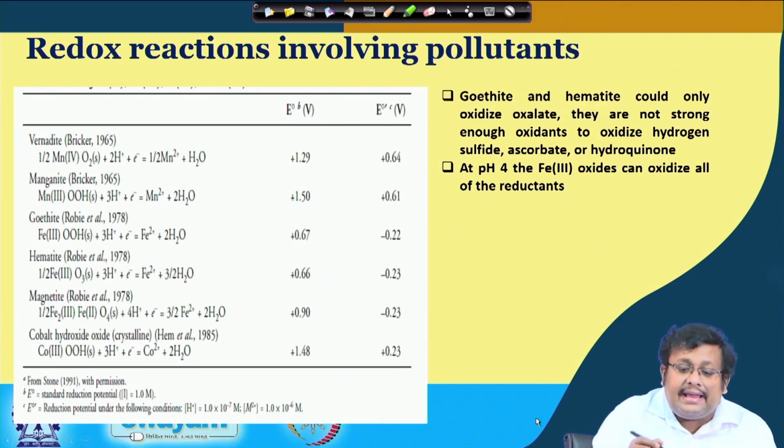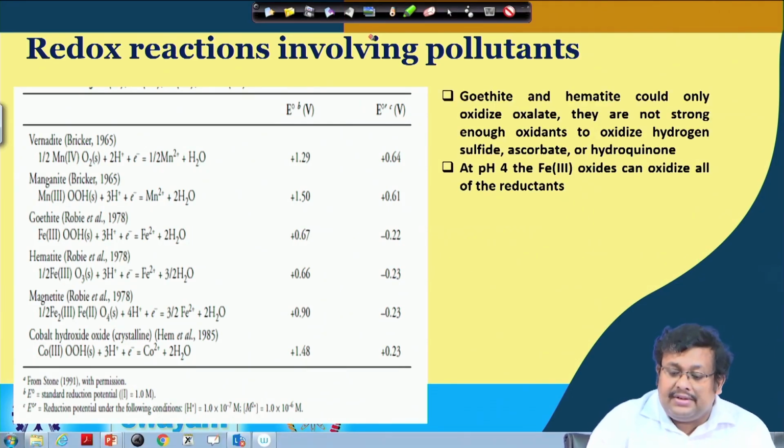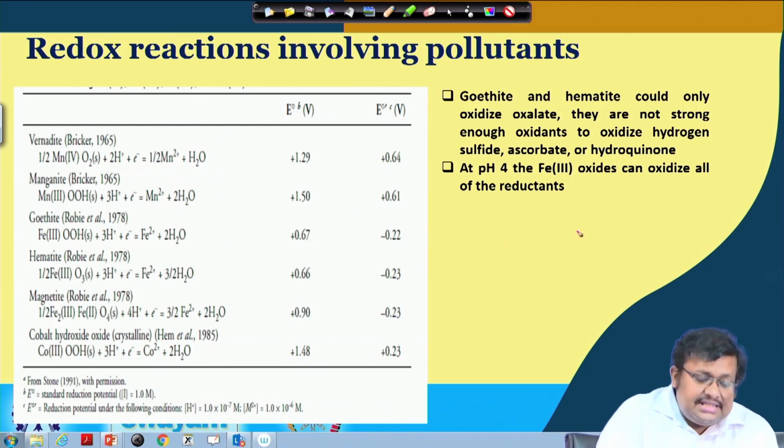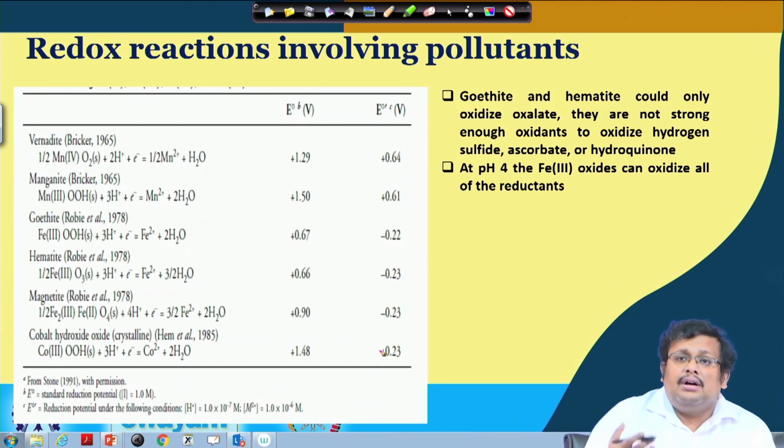Another piece of information we can see is that goethite and hematite could only oxidize oxalate. They are not strong enough oxidants to oxidize hydrogen sulfide, ascorbate or hydroquinone, since you can see they already have the negative redox potential.